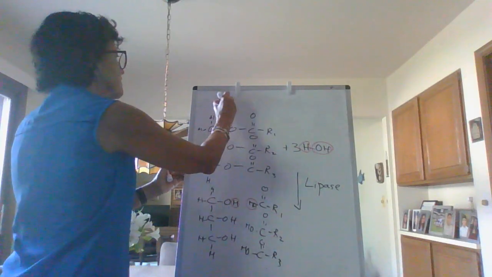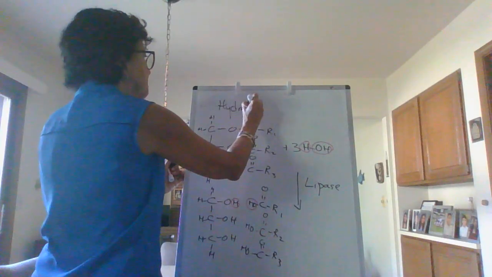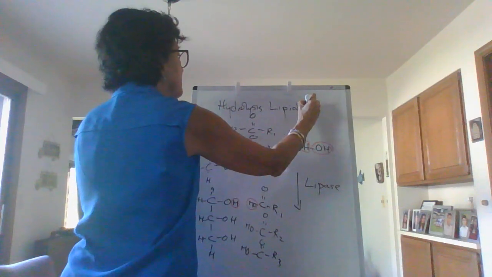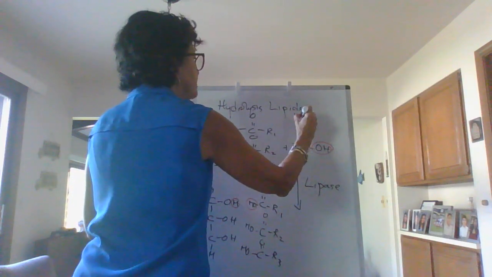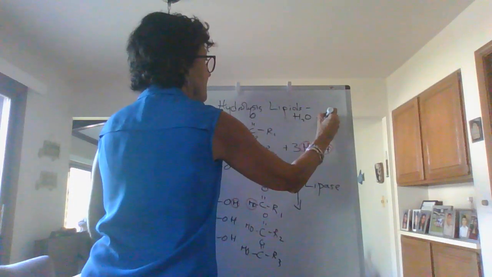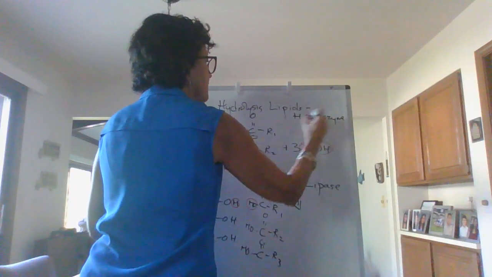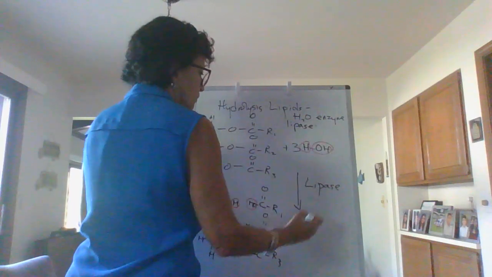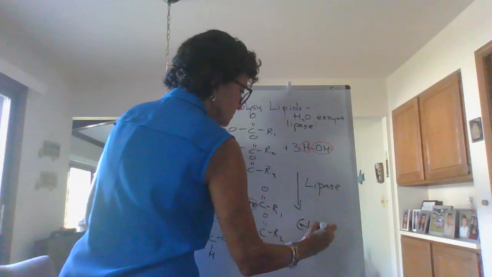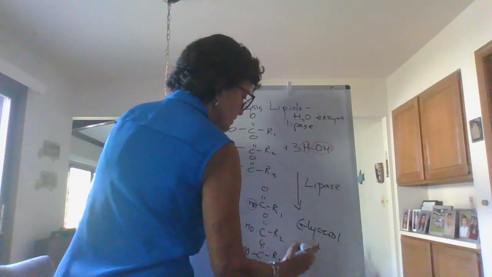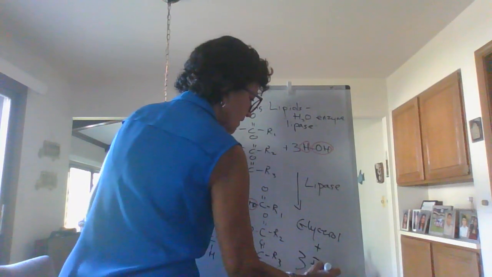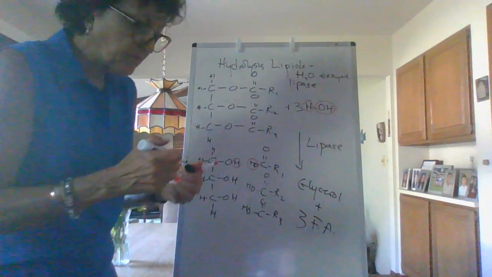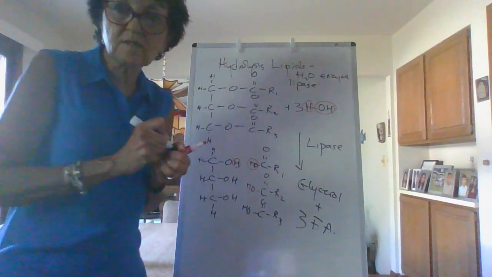So hydrolysis of lipids means you have water and the enzyme lipase, and you end up with glycerol plus 3 FA, 3 fatty acids. Okay? That's what complete hydrolysis is.